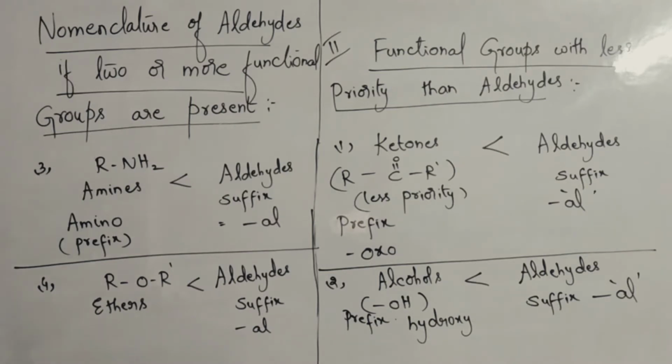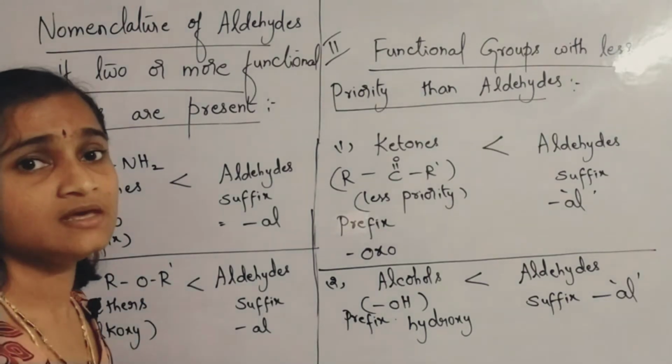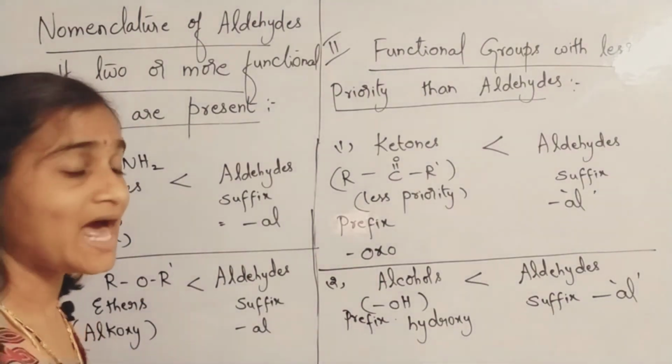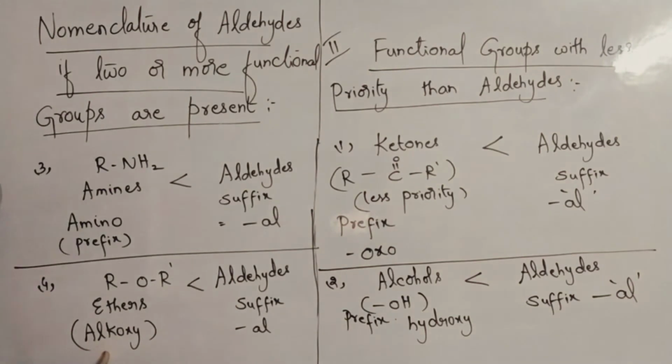You all know, alkoxy, like ethoxy, methoxy. The general word is alkoxy, the prefix for ethers. So like this, these are the functional groups which are having less priority than aldehydes.